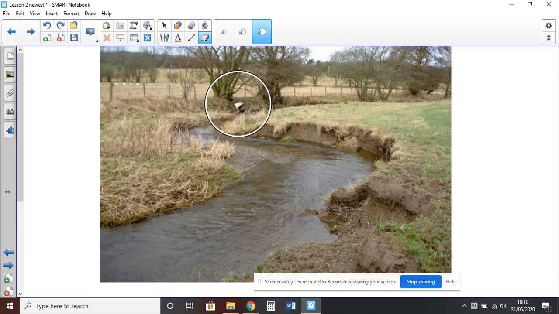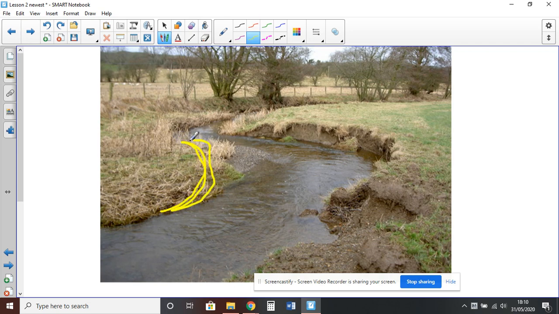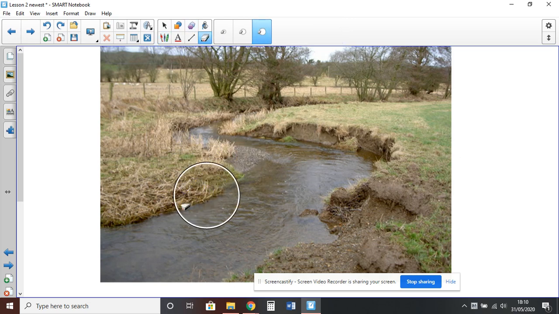And on the opposite side of the river, if we just go over here, this material has all been deposited. Now, it's not a river beach. In this case, you can see grass has started to grow on it. But this is just loose sediment that's been dumped over years. And in this area here, you can see some pebbles also starting to build up. And that's because the current's traveling much slower and can't carry material.